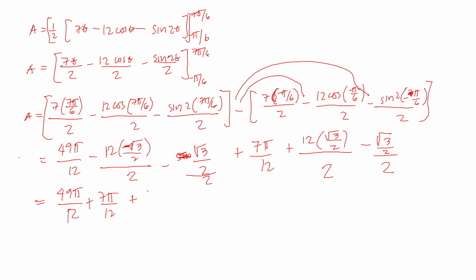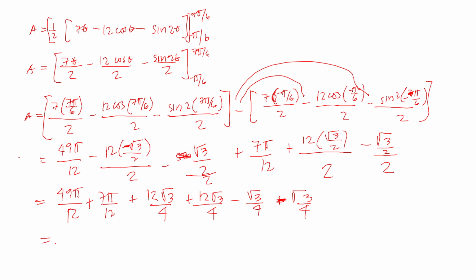And this is plus 12 square root of 3 over 4 plus 12 square root of 3 over 4 minus square root of 3 over 4 minus square root of 3 over 4.